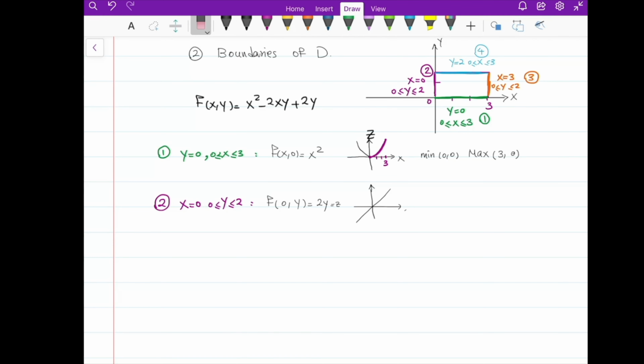Actually, let me label the axes correctly. This is the z-axis, this is the y-axis. And then y is between 0 and 2, so 0, 1, and then 2. I get just this part of the graph I needed, and along that part I have a minimum at this point. This point is y equals 2 and then x equals 0.